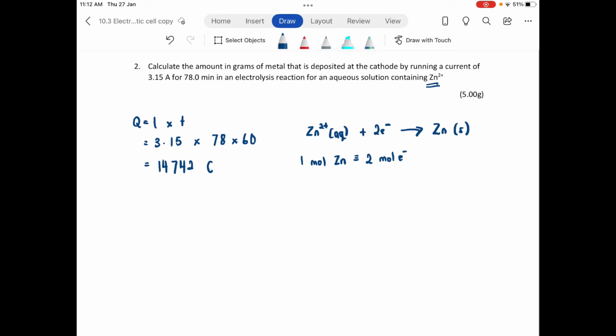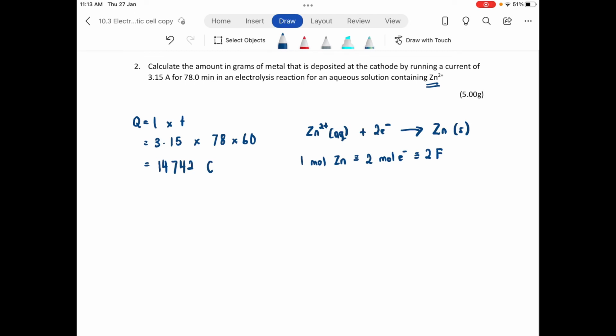So if I want to produce 1 mole of zinc solid, I need 2 moles of electrons to be involved, and 1 mole of electrons carries 1 Faraday of charge. Since we have 2 moles of electrons, we have 2 Faradays of charge. And 1 Faraday is equivalent to 96,500 coulomb.